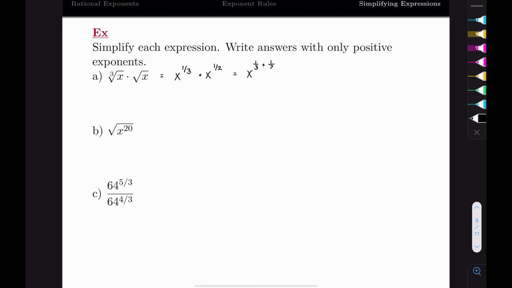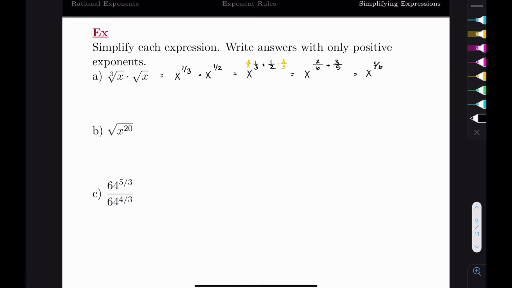So we want 1/3 plus 1/2. And then from here, you have to make these the same denominator. So this one you'd have to times by 3/3, that one by 2/2. This would be x to the 2/6 plus 3/6, which gives us x to the 5/6 as our final power. Okay.